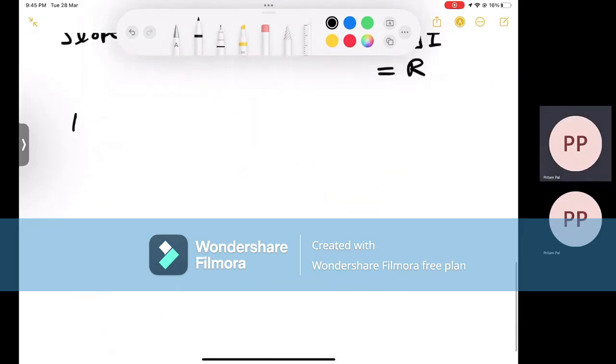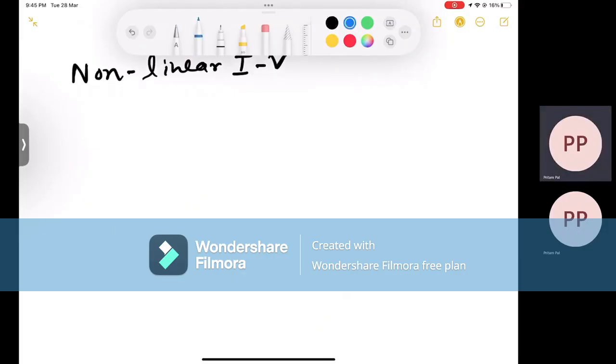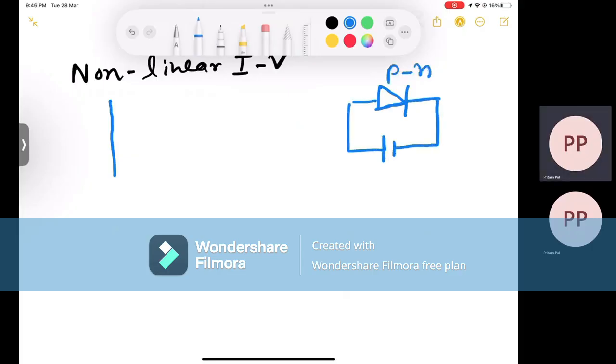Now, what do we actually mean by non-linear IV? Let's say we have a diode. As we know, if we connect a simple PN junction diode, you all know this, it has some critical threshold voltage. As we start applying bias and the bias increases, suddenly at some point, this is called the knee voltage.